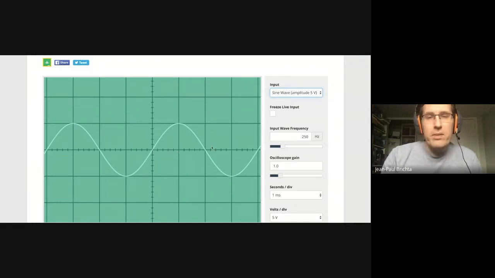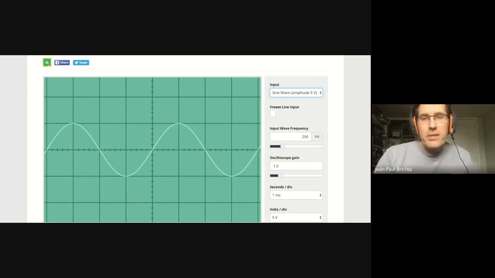I have 1, 2, 3, 4 large boxes that make up one period of the wave, one cycle of the wave. So that means, because it's 1 millisecond, right? Milli means 1/1000, just like a milligram or a millimeter. So in other words, my period is 4 milliseconds, from the start of the cycle to the end.